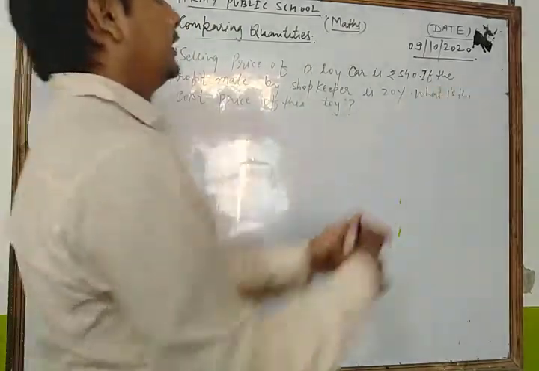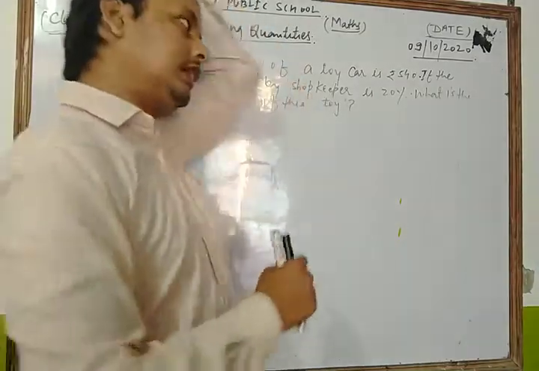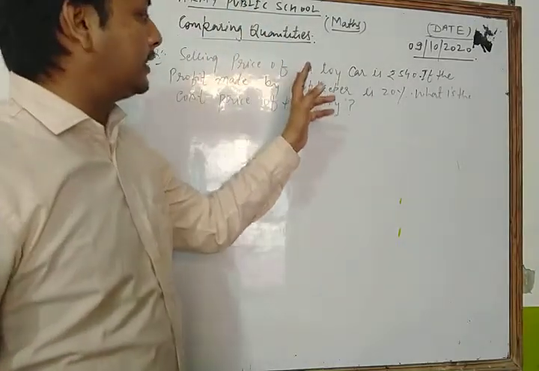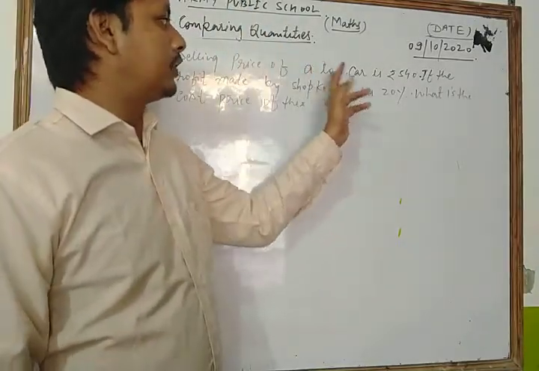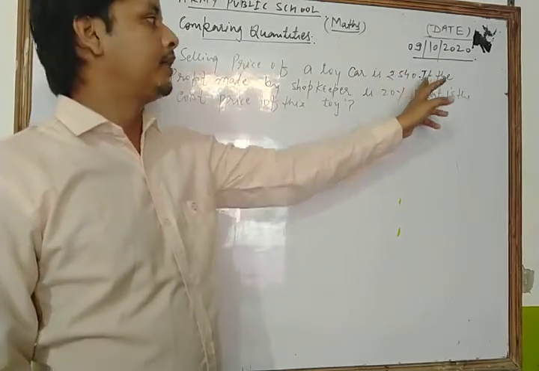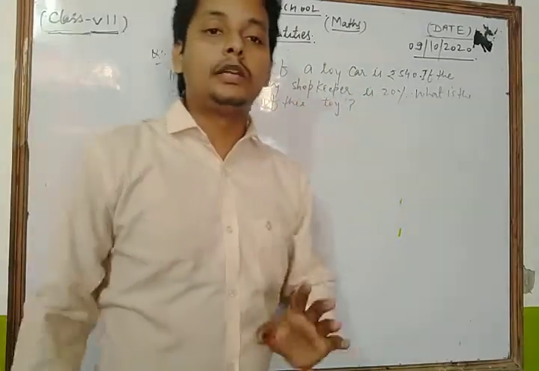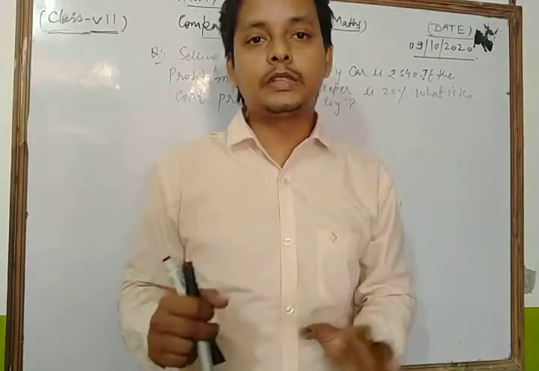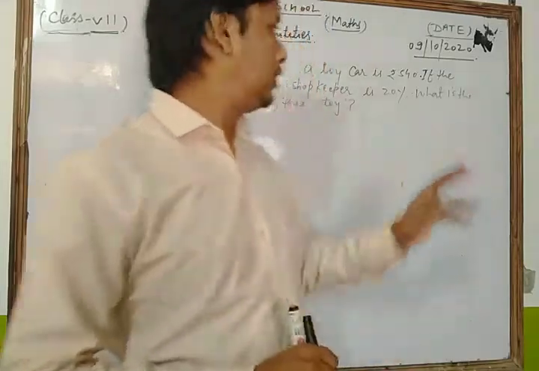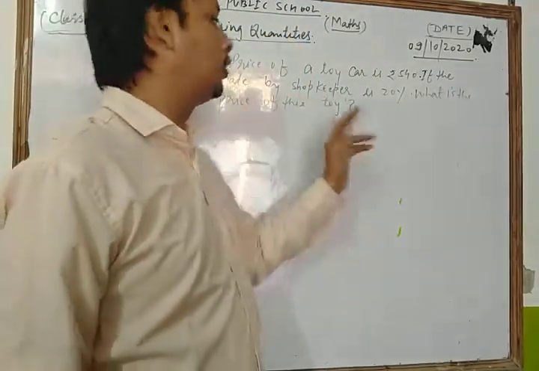Dear student, this is one of the most important questions of profit and loss. Let's see its solution. The selling price of a toy car is given. If the profit made by the shopkeeper is 20%, it means the profit percent is also given, which is 20%. And in that question we need to find the cost price.